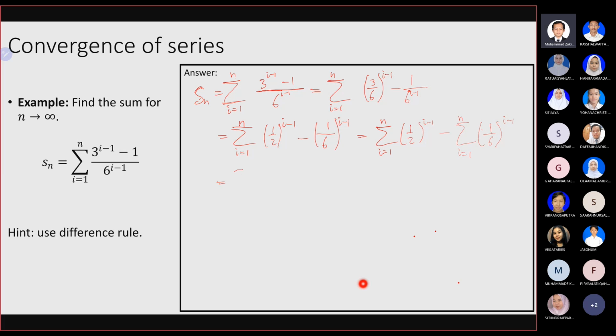This is equal to, the first term is equal to 1 minus half power n over 1 minus half. And then the second term is 1 minus 1 over 6 power n over 1 minus 1 over 6.